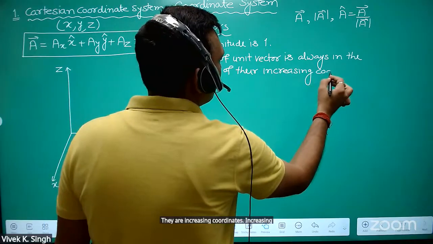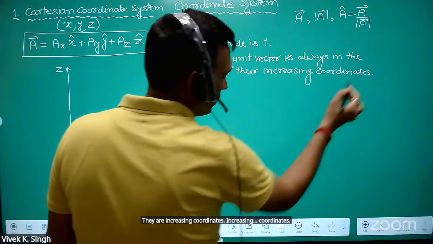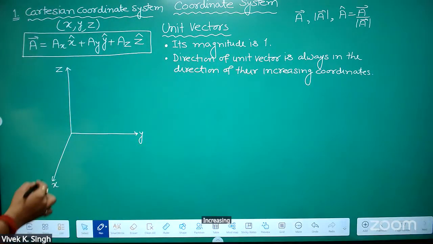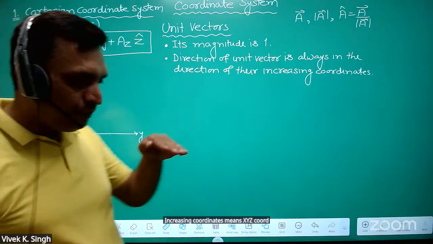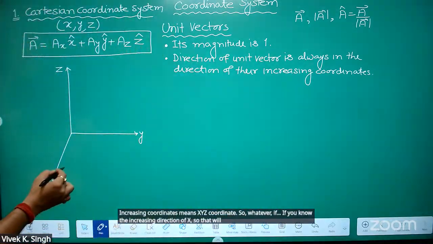Increasing coordinates means x, y, z coordinates. So if you know the increasing direction of x, that will be the direction of x cap.